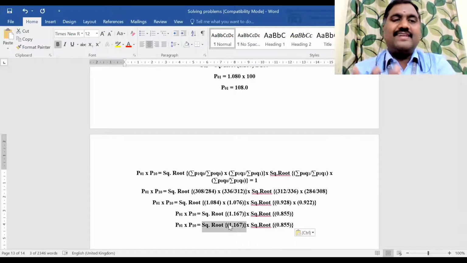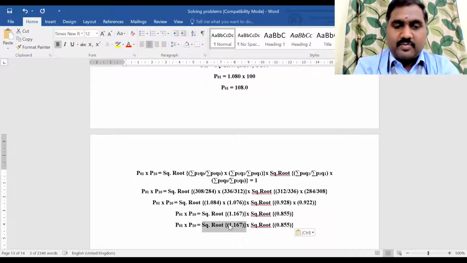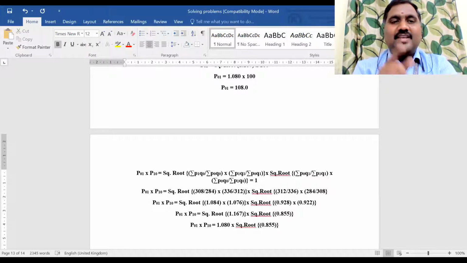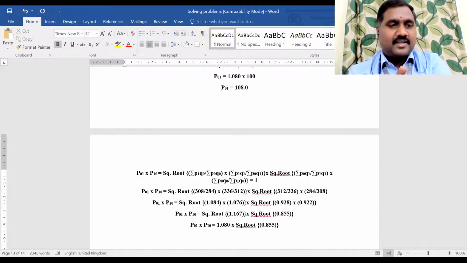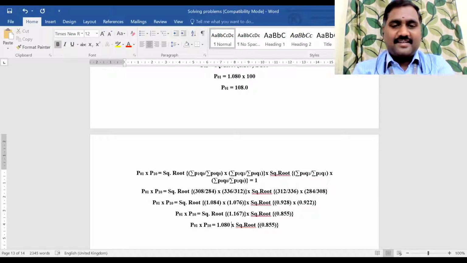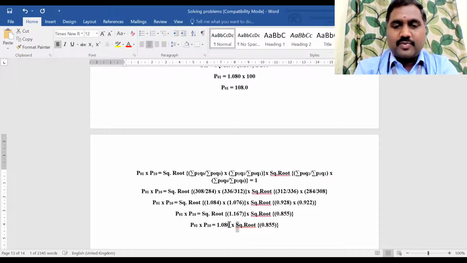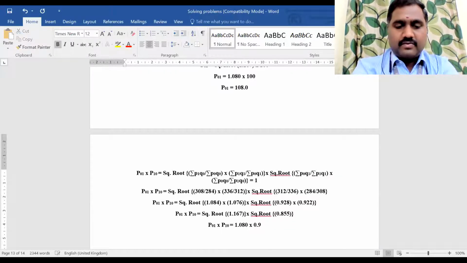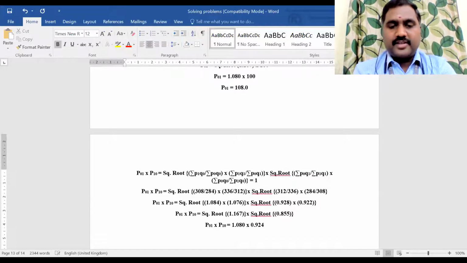No, we cannot cancel directly. If you cancel, you will get the same Laspeyres method formula only. They are not asking to find the value; they're asking to prove it. When you're planning to prove anything, you cannot cancel. Then the square root of 0.855 is 0.924. Now the multiplication of these values.